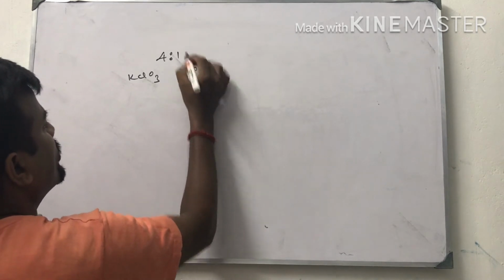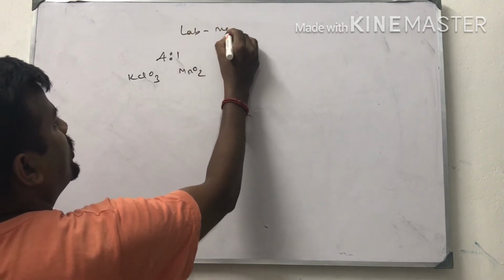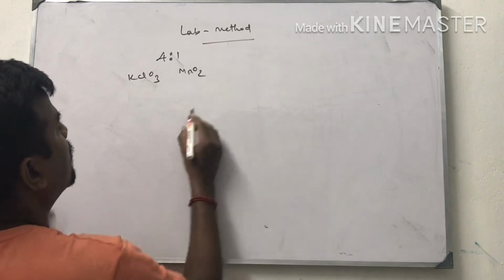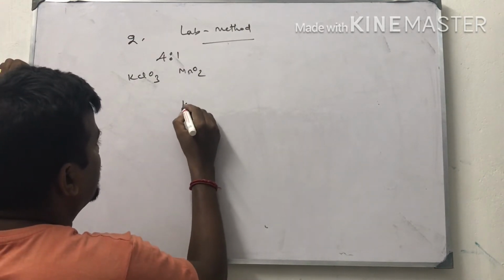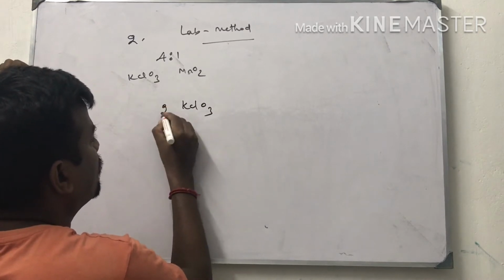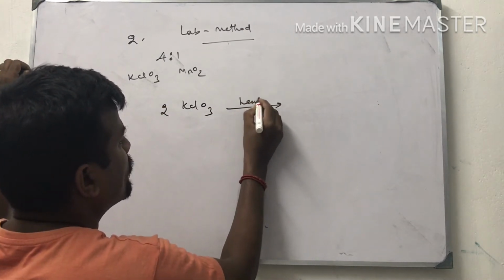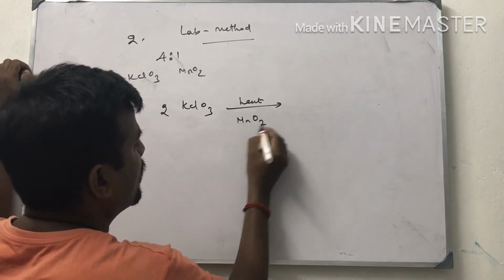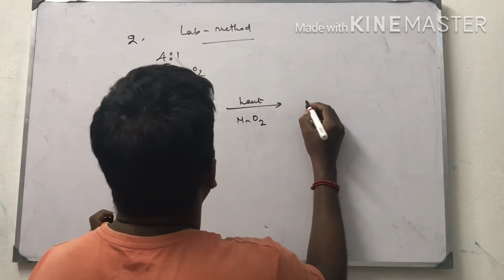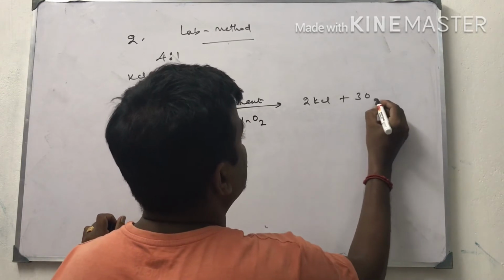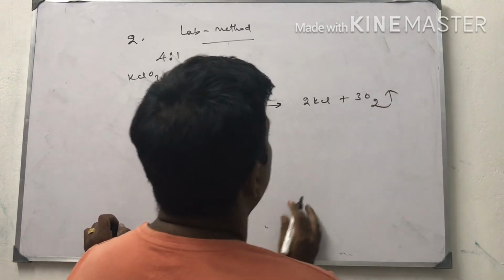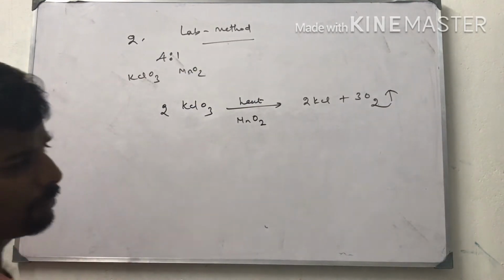In the lab method, KClO3 on heating with MnO2 as catalyst gives KCl plus 3O2. This is the laboratory method.